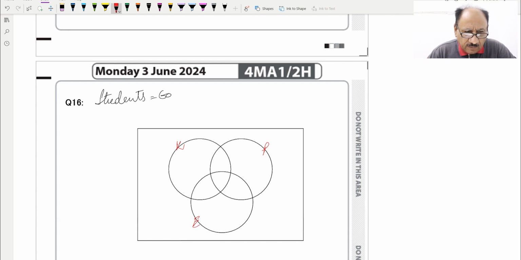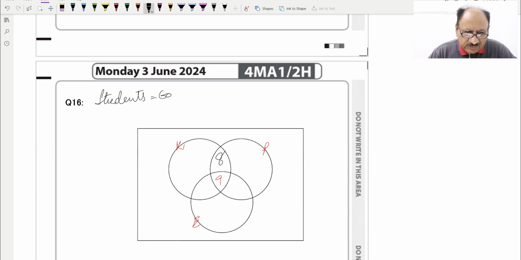Of these students, 9 choose knitting, photography and embroidery, so 9 are in the middle, satisfying all three. Then 17 choose knitting and photography. 9 we have already taken, so 17 minus 9 will be 8. Knitting and photography will be this section, so we write 8 here.